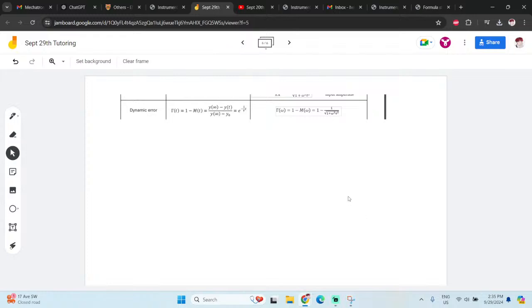Okay, y of t. If you use this equation, y infinite minus y0 times e to the power of minus t over tau equals y infinite minus y of t.